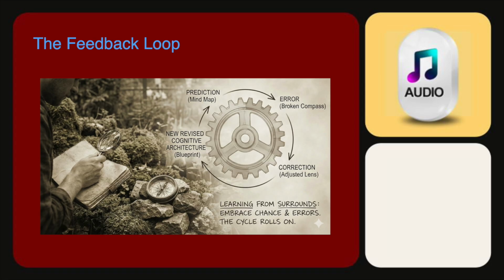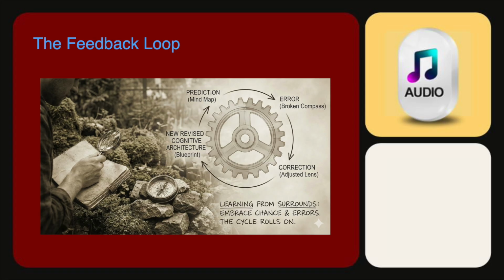So what happens next? Usually, something unexpected. Chance intervenes. Maybe the meeting goes wrong. Maybe the funding falls through. The unprimed person panics here. But the primed adventurer sees this as data. This surprise is a prediction error.